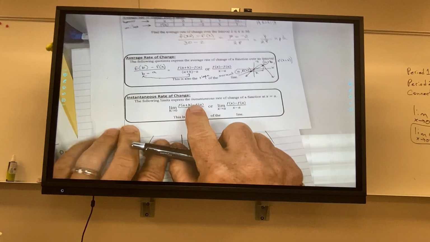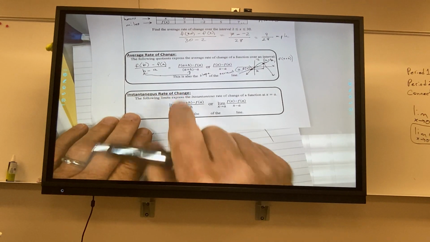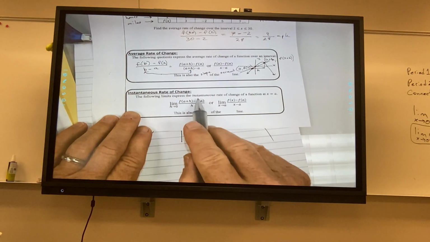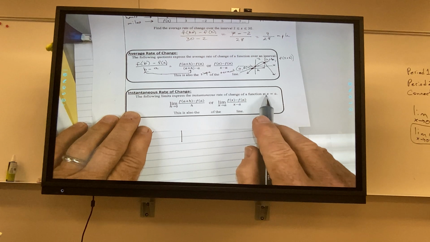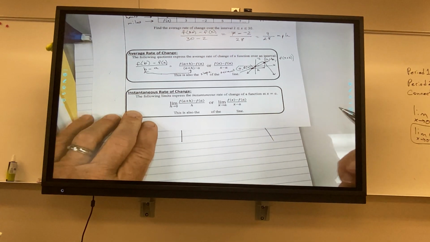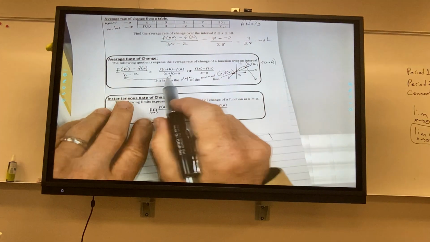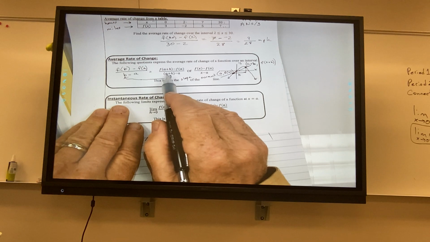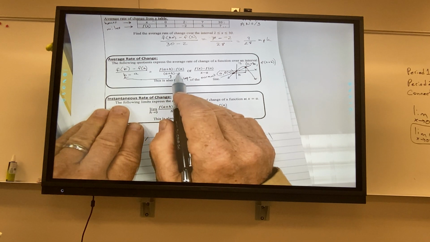So, this is how we compute instantaneous rate of change. The following limits express instantaneous rate of change of a function at a point x equals a. And if you take a look, when I have a plus h minus a, here's b minus a.